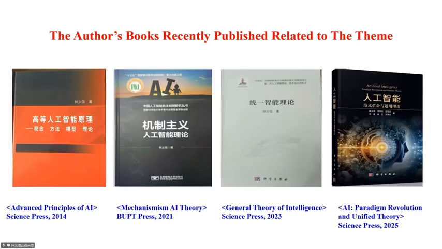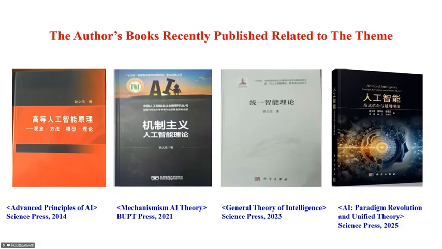That means we practiced AI with paradigm revolution, and then we found the mechanism for intelligence growth. Therefore, we have a new book. Then in the year 2023, the new book was titled General Theory of Intelligence.